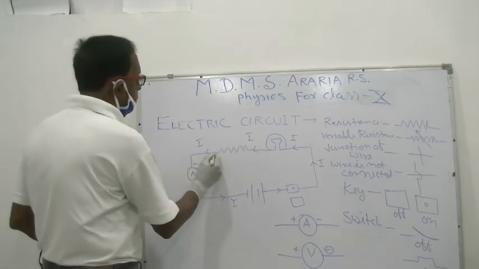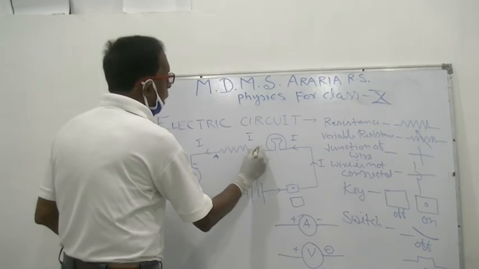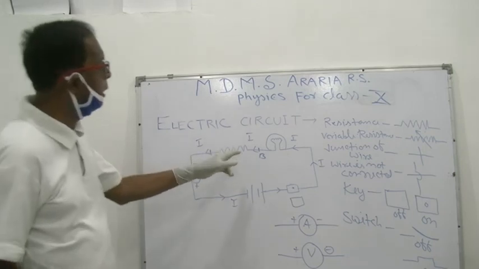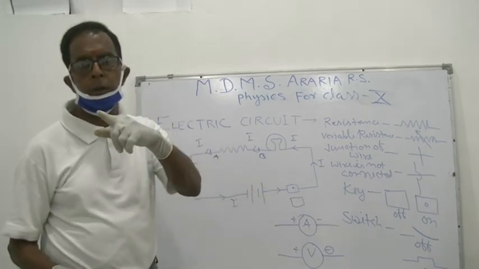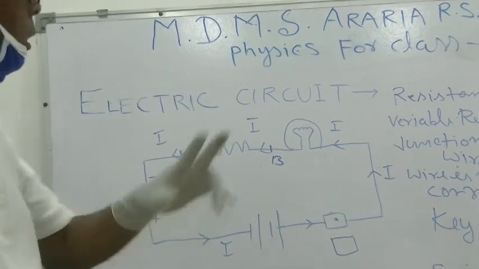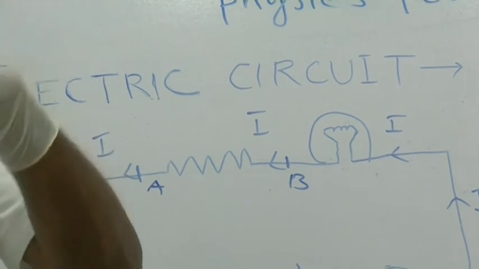Suppose the ends of the resistance are A and B. You want to know how much potential difference is present across this resistance. Then you have to connect a voltmeter with this resistance, and the combination is parallel.